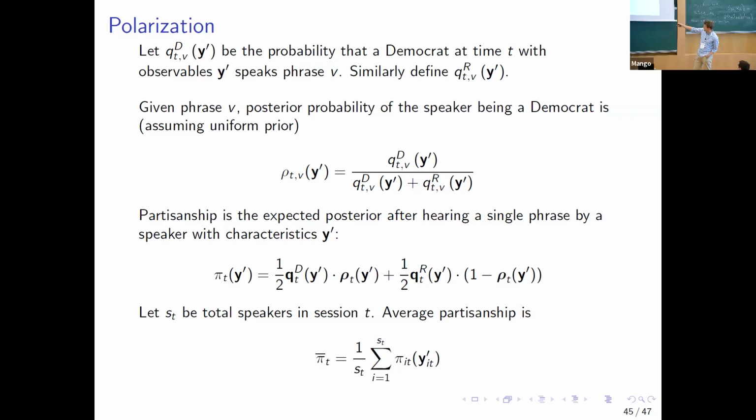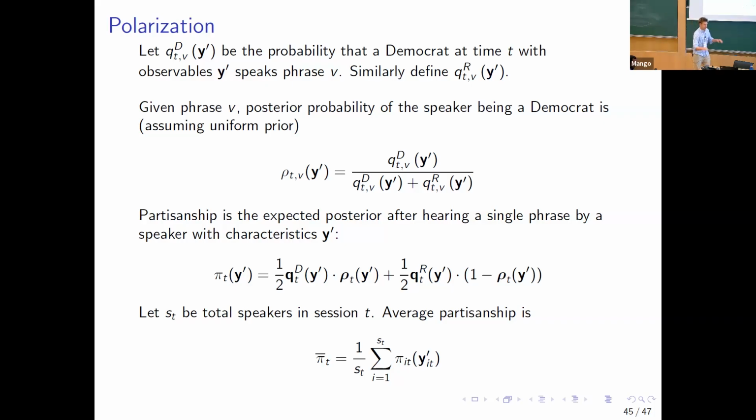That's basically an inner product that multiplies q and rho together across all 500,000 terms. There's also a probability you're a Republican, a probability that if you're a Republican you would have generated term V, and then 1 minus the posterior is the probability of being a Republican. That is the generic expected posterior for being in one of the two political parties. Then in session t, I compute the average of that value across all the speakers that I observed.